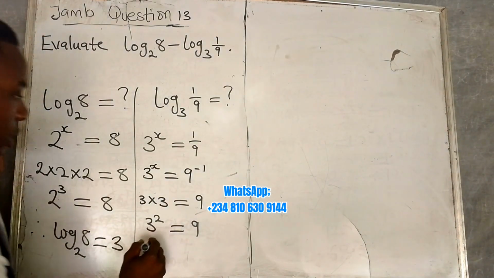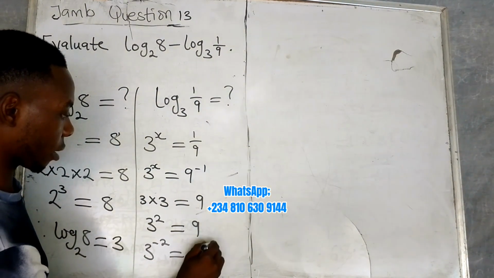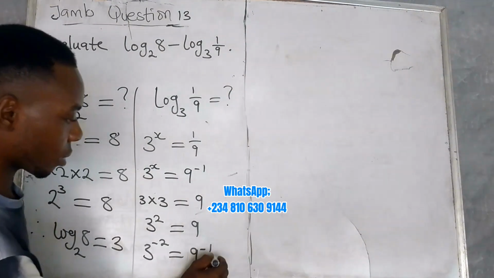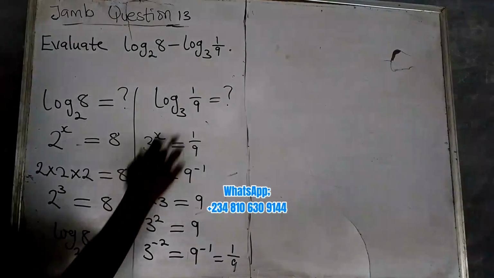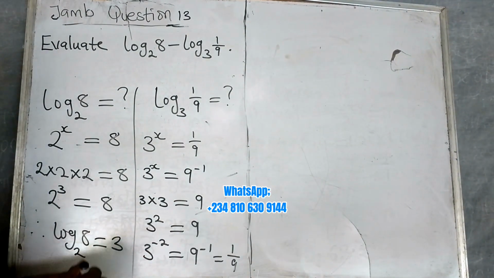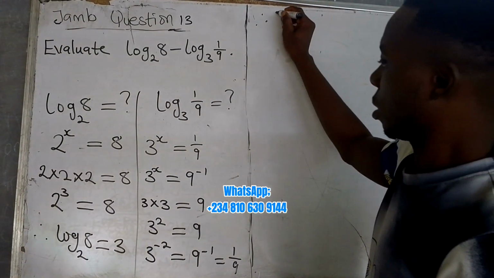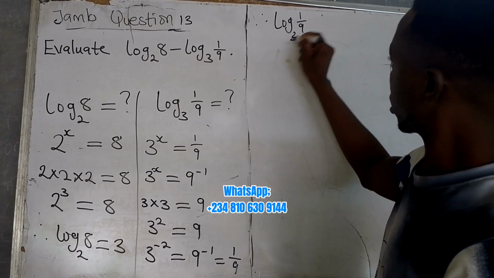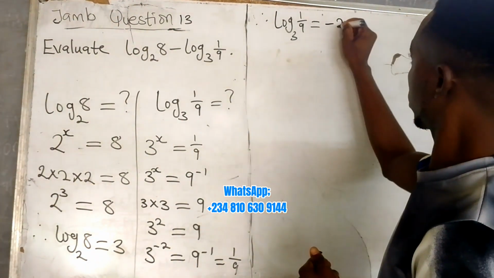So whatever I do to the left-hand side, I also do to the right-hand side. So you can also write 9 raised to the power of -1 as 1/9. This means that 3 raised to the power of -2 is equal to 1/9. Therefore, log₁/₉ to the base of 3 is equal to -2. As simple as that.